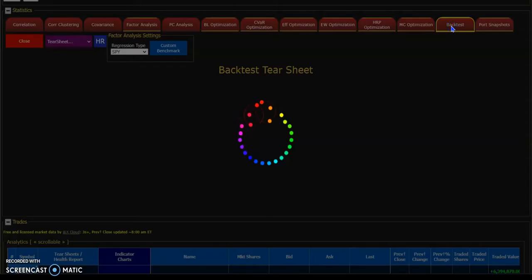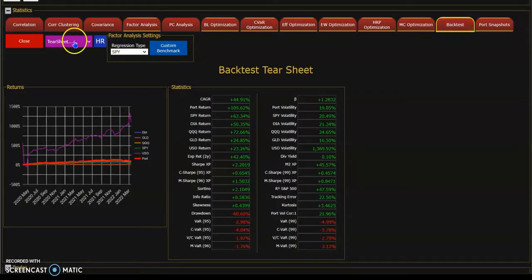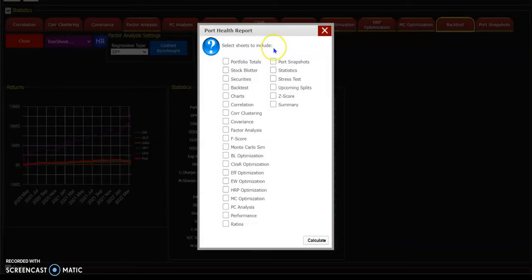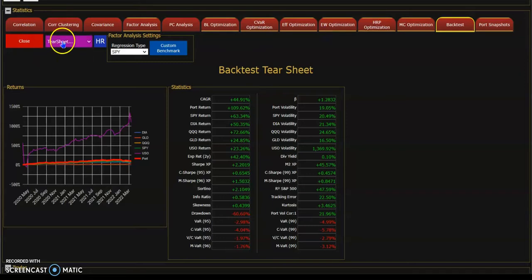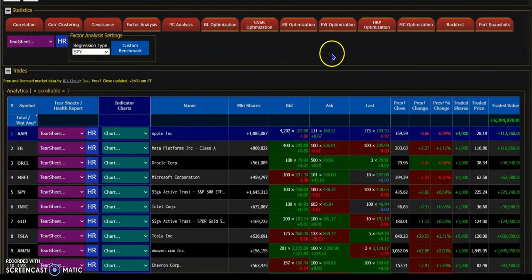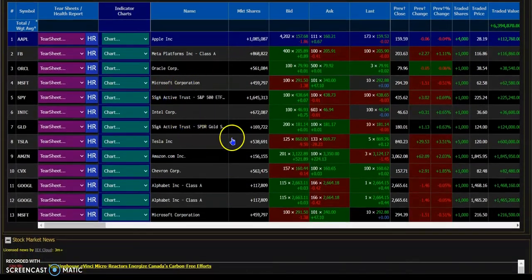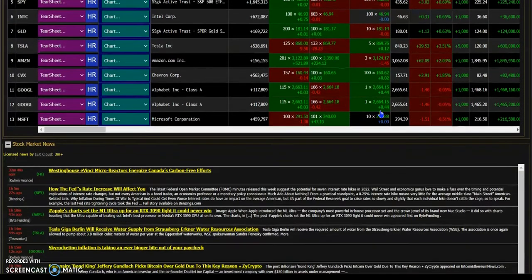Backtesting, generating tear sheets, what we call health reports, custom reports for the entire portfolio. Again, this is all live as far as this portfolio updating.